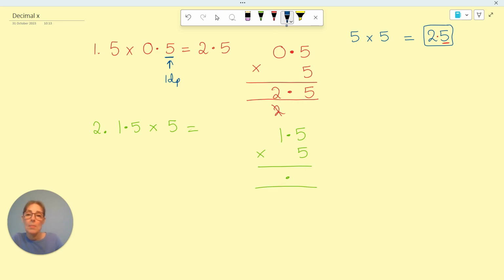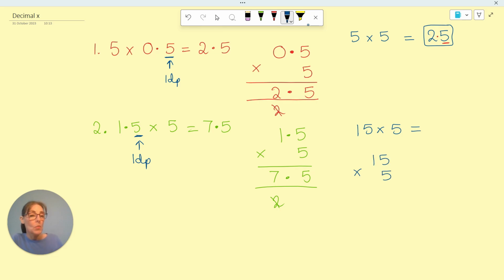So I'm going to take out one decimal place and do 15 times 5. So 5 times 5 is 25 and 5 times 1 is 5, add 2, 6, 7. So I think the answer is 7.5. Let's see. 15 times 5.